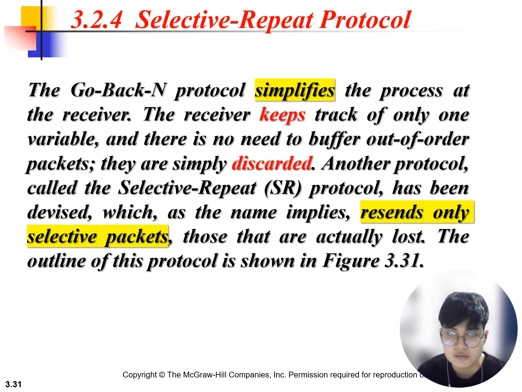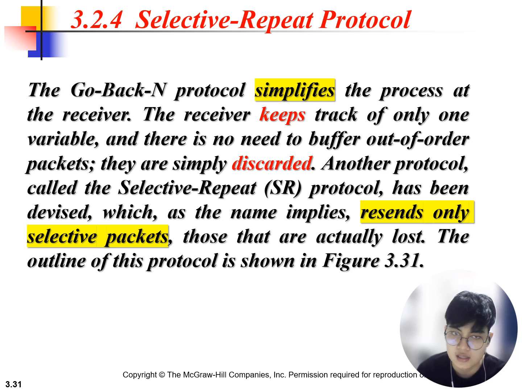Selective Repeat protocol. The Go-Back-N protocol simplifies the process at the receiver. The receiver keeps track of only one variable, and there is no need to buffer out-of-order packets; they are simply discarded. Another protocol called the Selective Repeat (SR) protocol has been devised, which, as the name implies, resends only selective packets, those that are actually lost.